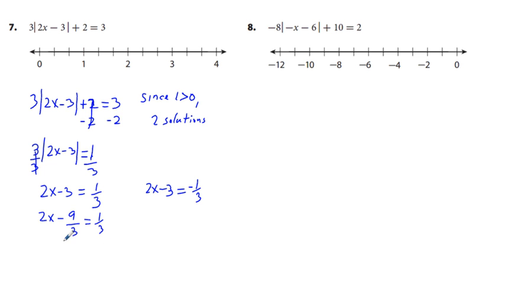And if we add 9/3 to both sides of this equation, we get 2x equals 1 plus 9 is 10. So 2x equals 10/3.